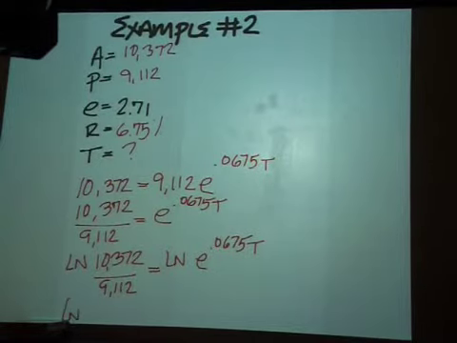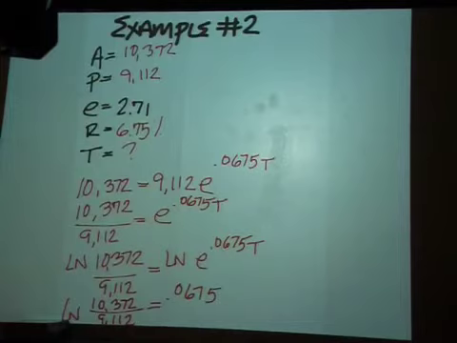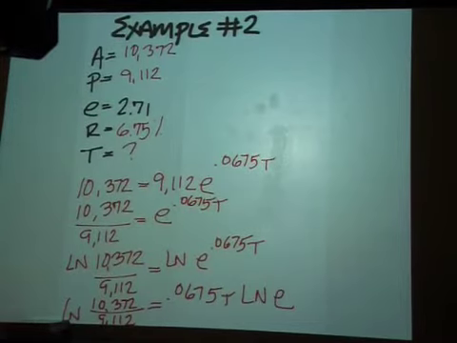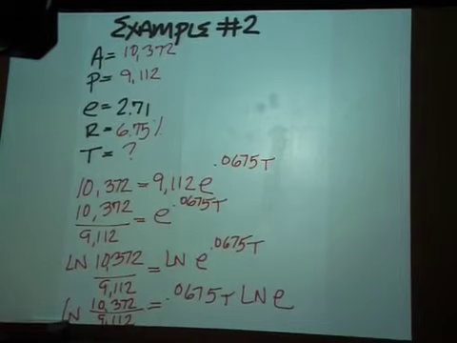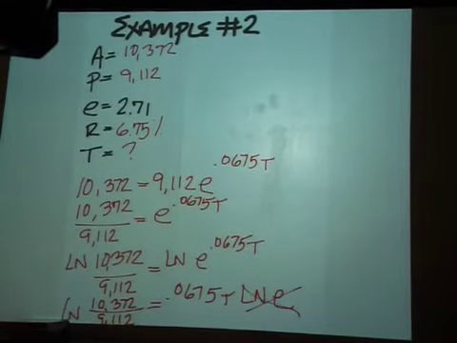So I'll do that and leave the 10,372 over 9,112 alone. But on the right we have 0.0675t and then log natural e. Log natural e cancels out to what? 1, yes, cancels out to 1.